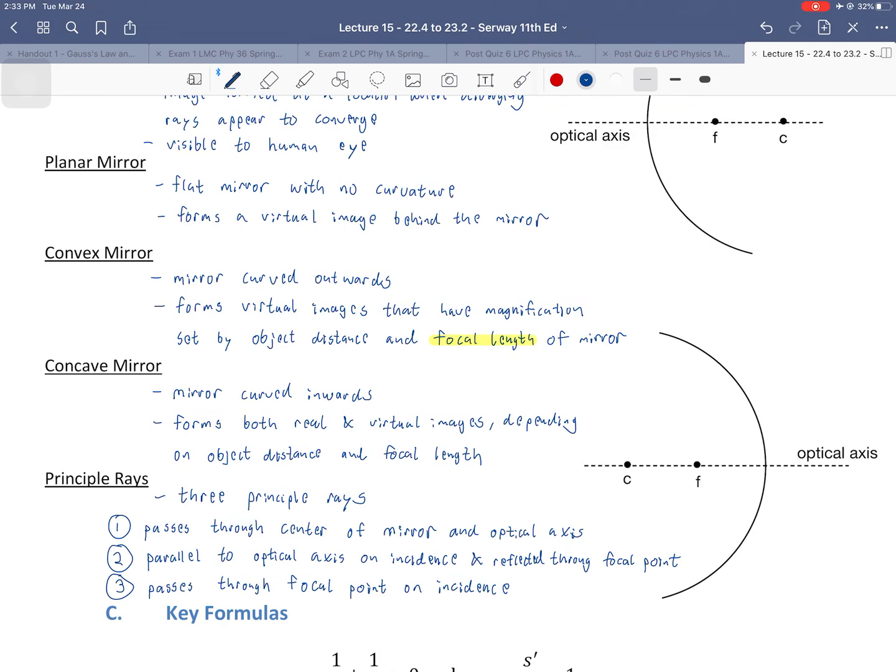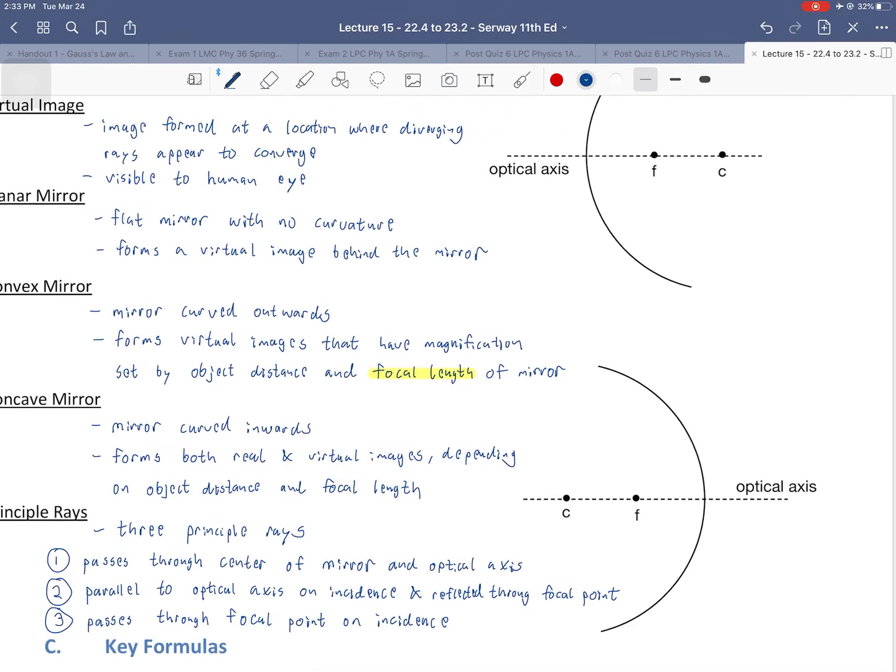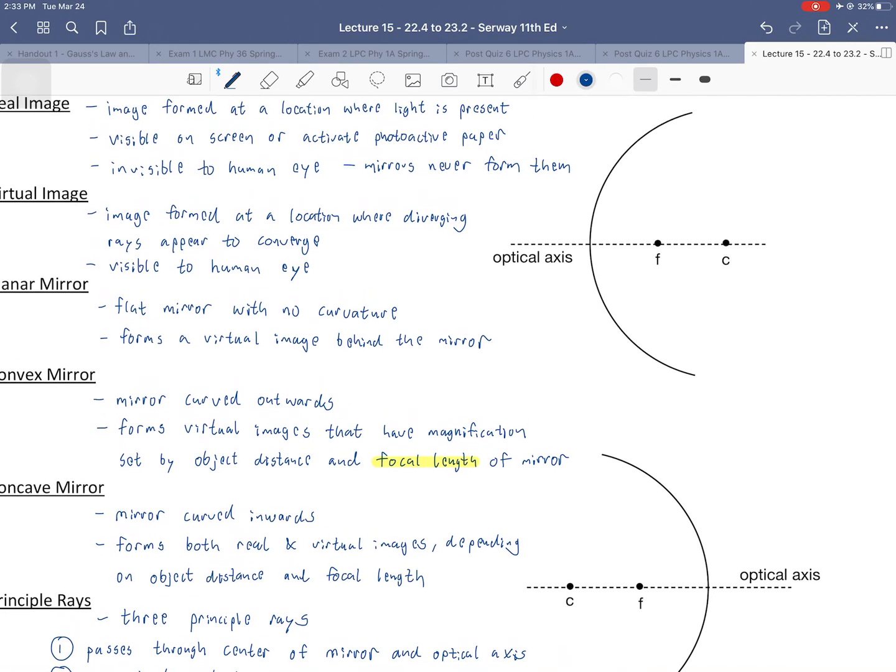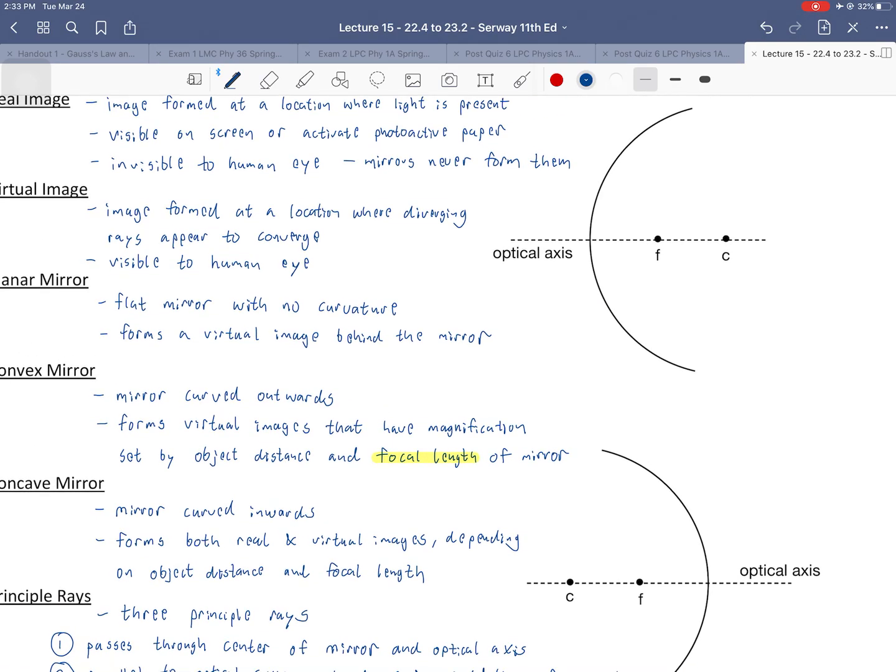All right, looks good. The only issue there is that sometimes it's not literally reflected to the focal point. It's a projection of the divergent ray that's reflected to the focal point, but that will become increasingly clear. Because what we definitely have to do with these 3 principal rays is draw examples of them in the diagrams that I've included. Okay, so I'm going to do it in both cases.